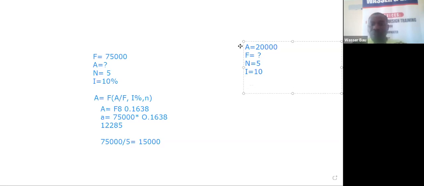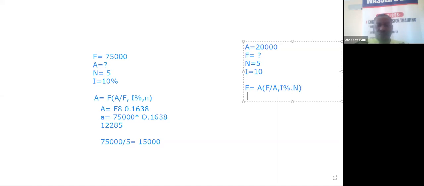So in this case, the formula will now be the opposite of this. The formula will now mean F equals A times F over A. So that's the factor I'm going to look at, at I percent and at a particular N years.